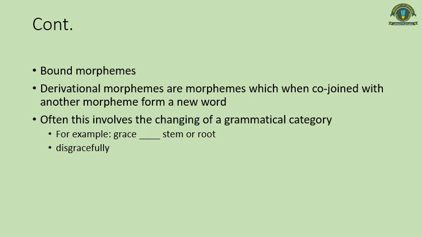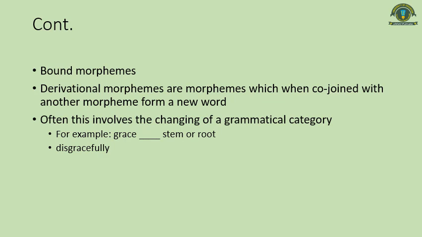So this is a grammatical change, one of the effects of using derivational morphemes. Usually we have this, but sometimes we don't. But usually we have a change in grammatical category when we combine a derivational morpheme with a free morpheme, like we are going to see here.